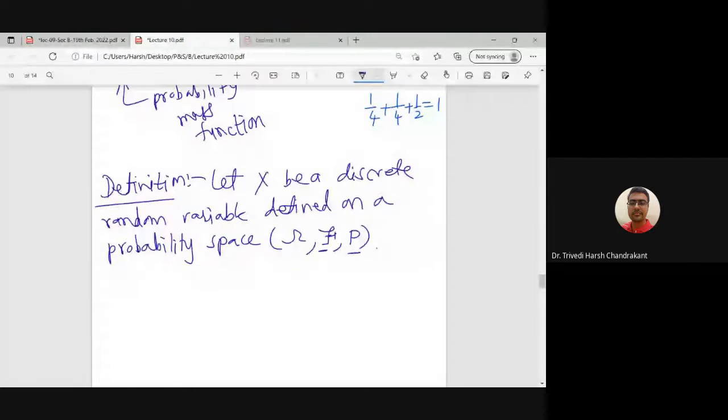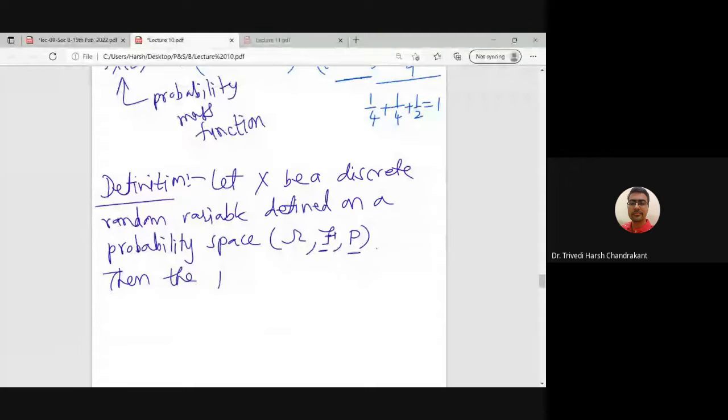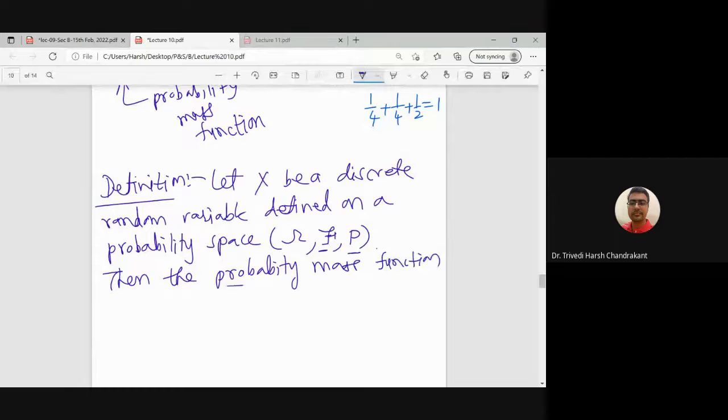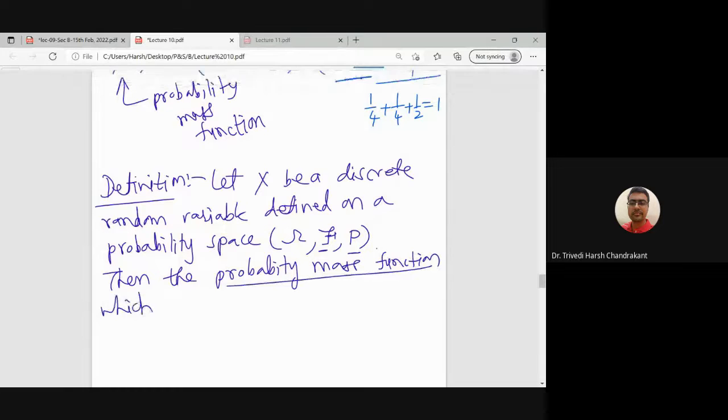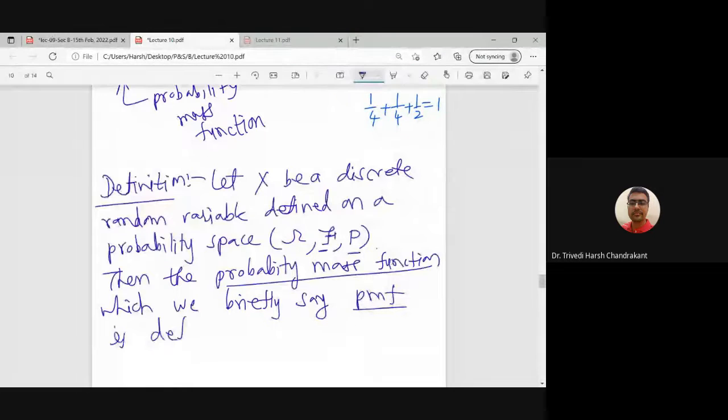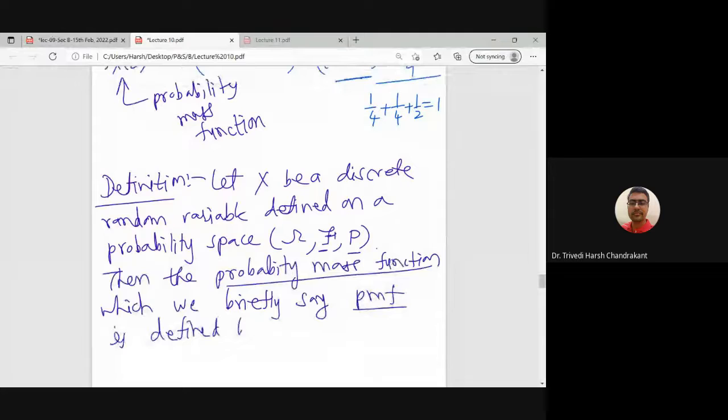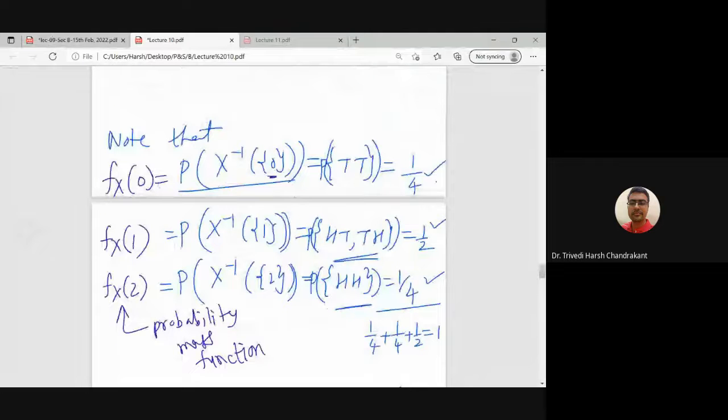Then the probability mass function, which we briefly say PMF, is defined by. So what is this function? This function maps every real value to a real value, right?